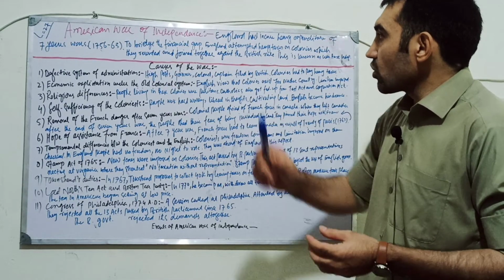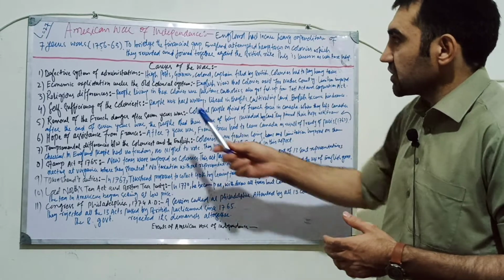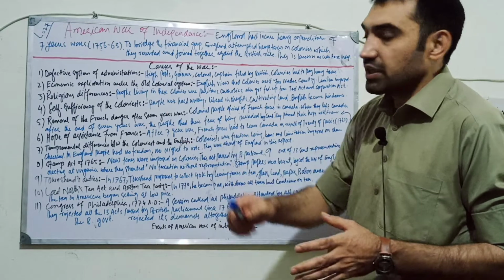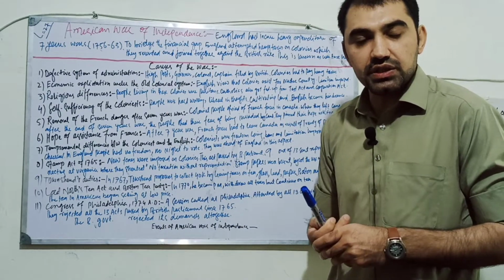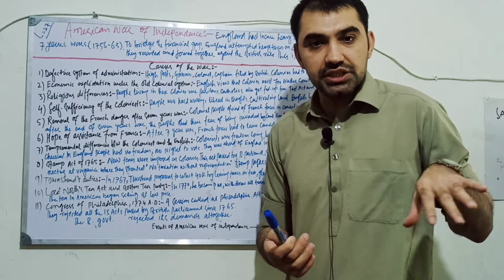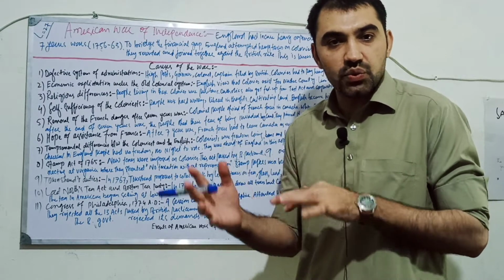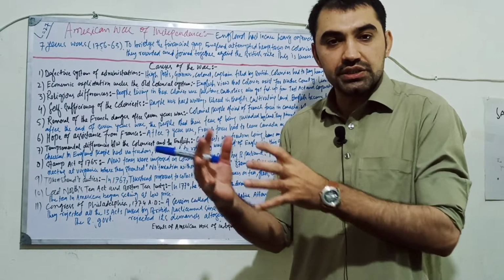So in the American War of Independence, England had incurred heavy expenditure of the 7 Years' War, which was fought between 1756 to 63, and we had a detailed discussion in the previous lecture about the causes of the 7 Years' War, the consequences of the 7 Years' War, and then how it culminated into a treaty.